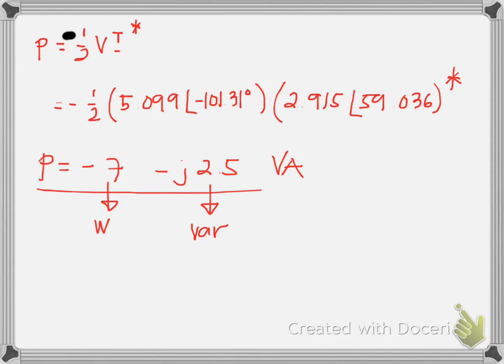So this is the answer. The power supplied from the source Vo, that is equal to minus 7 watts minus J 2.5 var, or you may denote your answer as P, the power supplied, equals negative 7 minus J 2.5 volt amps.